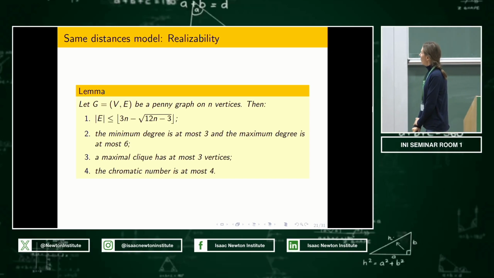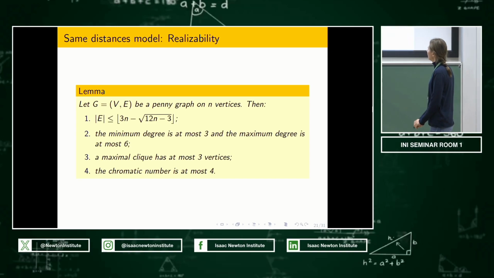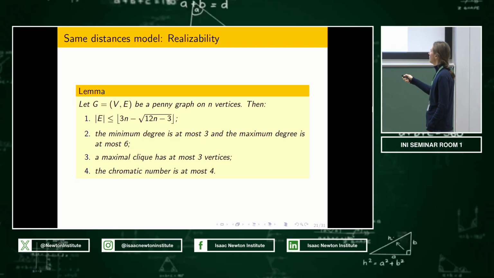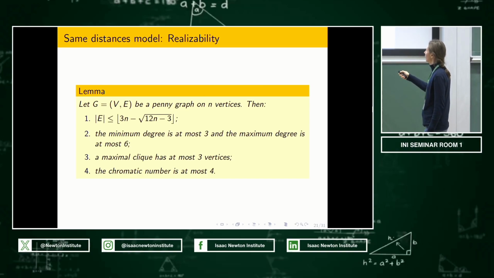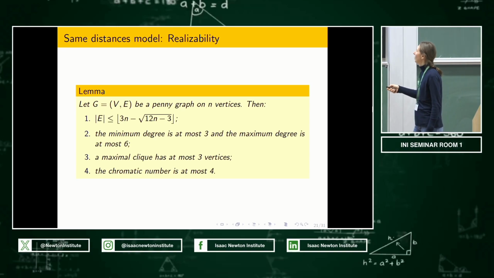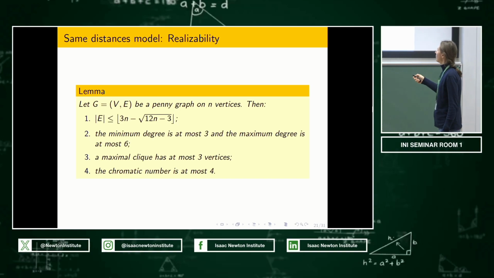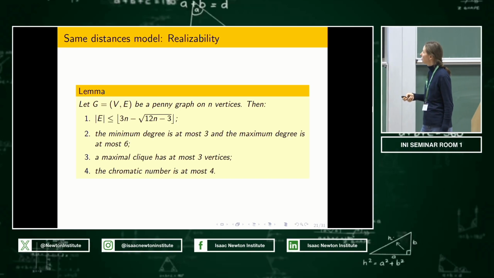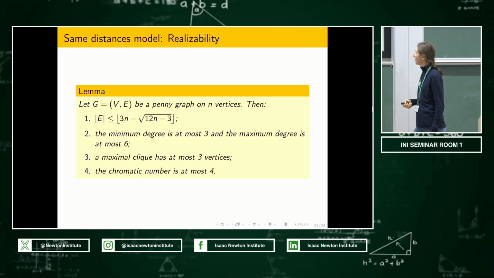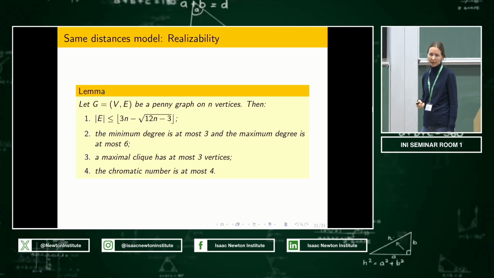So what's known about Penny graphs on n vertices? First there is an upper bound on the number of edges that you can see here. This lemma is not ours, everything is from the literature. Then the minimum degree of a Penny graph is at most 3, and the maximum degree is at most 6.